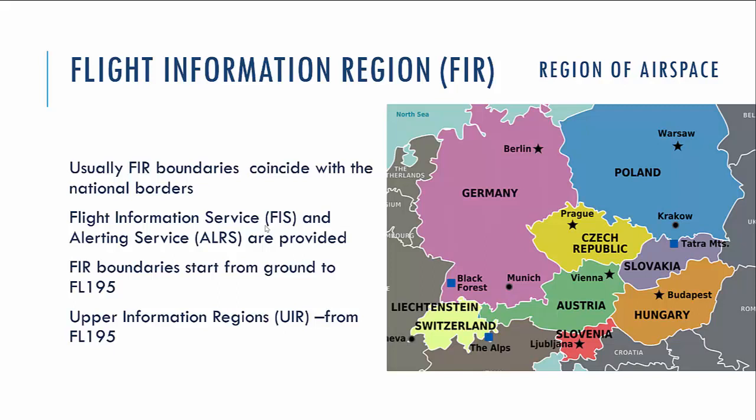And so what about vertical boundaries? FIR starts from the ground to flight level 195, and there is an additional upper information region, UIR, which extends from flight level 195 and up without any upper boundary.